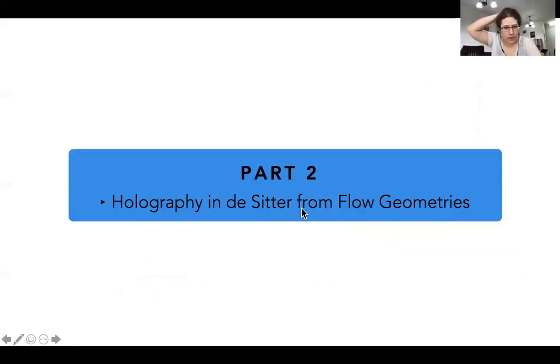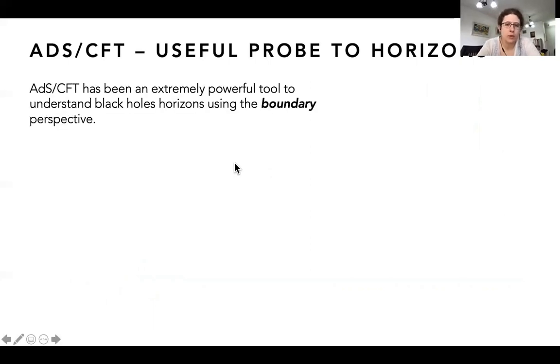Now let me move to the main new technology, which is how to do holography in De Sitter space from flow geometries. So first, why would I want to do that? The reason I might want to do holography for De Sitter is that it has proven very useful for black hole horizons in the context of AdS/CFT.